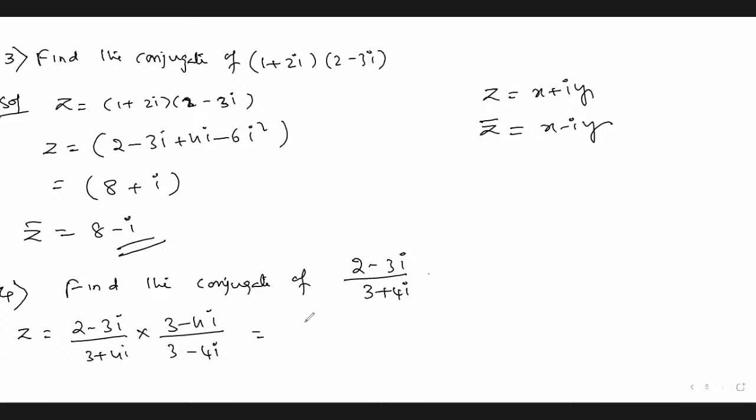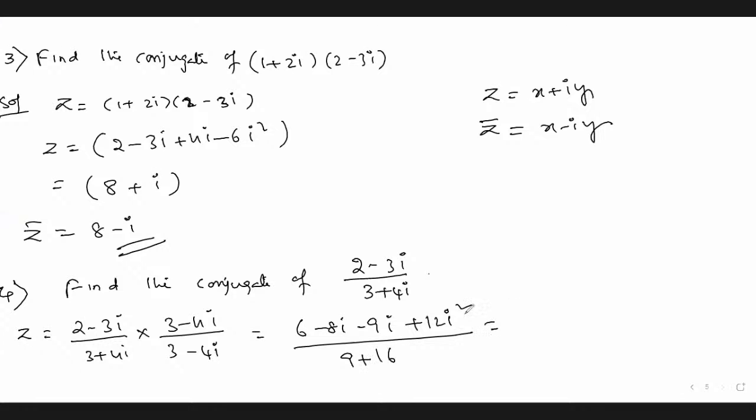Where am I going to get? See this one: 6 minus 8i minus 9i plus 12i square, by a square minus b square, means 9. Actually it becomes minus 16, but i square is here, so it becomes plus 16.